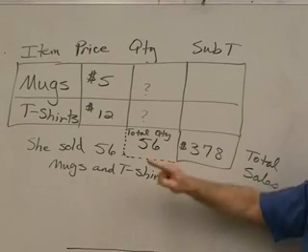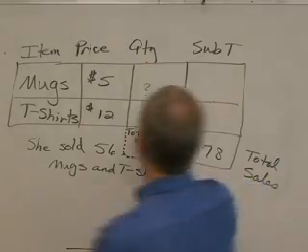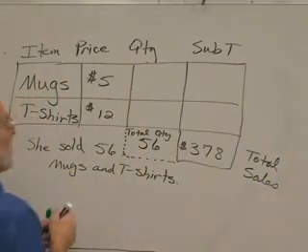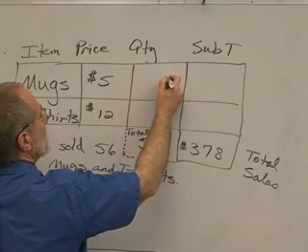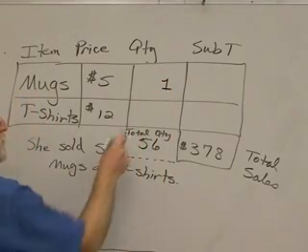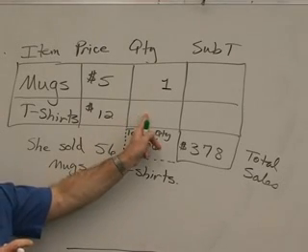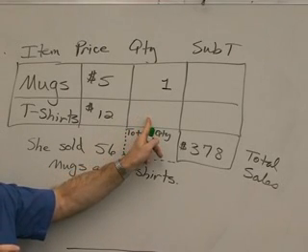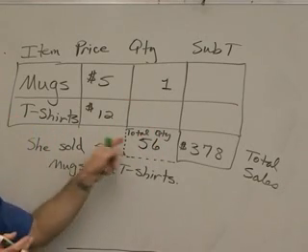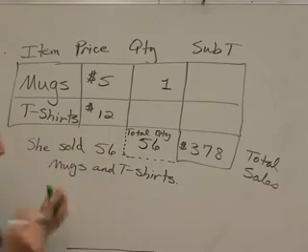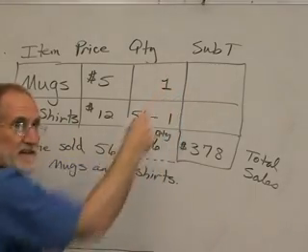Now, let's pretend we knew one of these. What if we knew that we sold 1 mug? If we have to sell a total of 56 items, how many t-shirts would we have to sell? 55. That's correct. How did you get that using these two numbers? We subtracted, didn't we? We said 56 minus this thing. Total quantity minus this one gives us the other one.